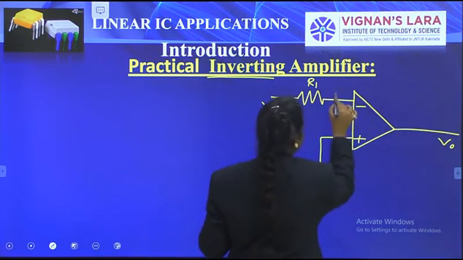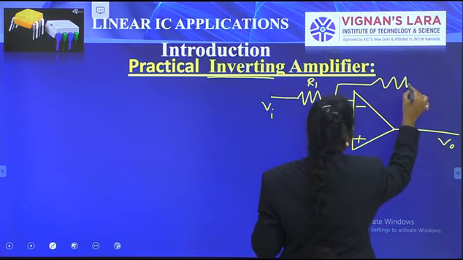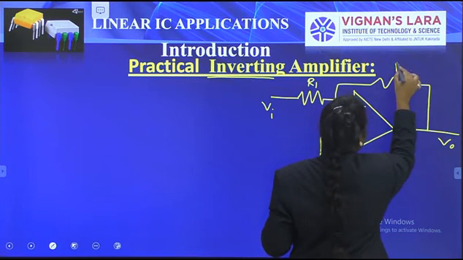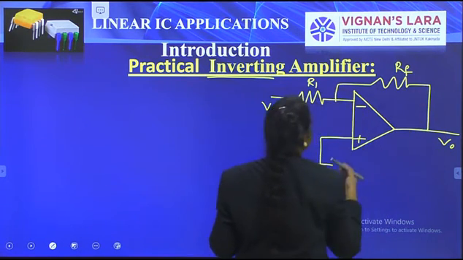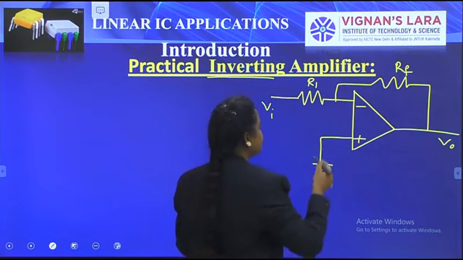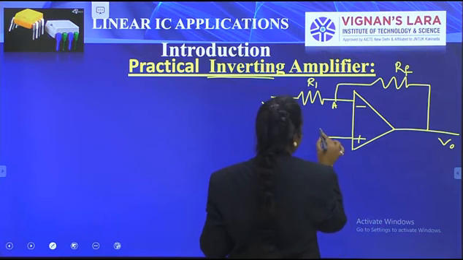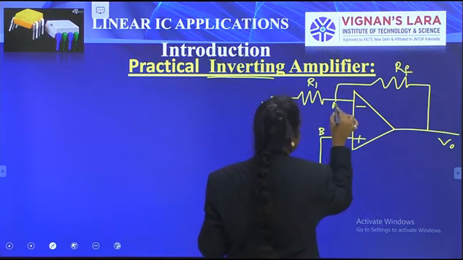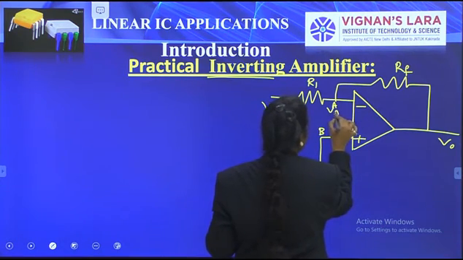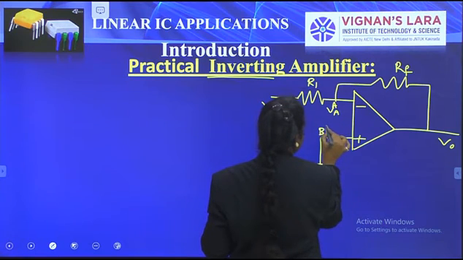I add the feedback resistor RF to the op-amp circuit, from the inverting terminal to the output. Here A is the node at the inverting terminal and B is the node at the non-inverting terminal. The voltage at node A is VA and the voltage at node B is VB.